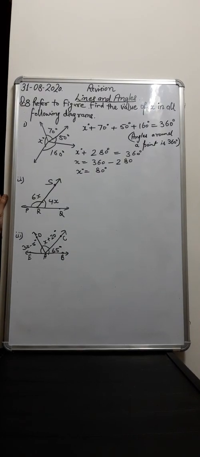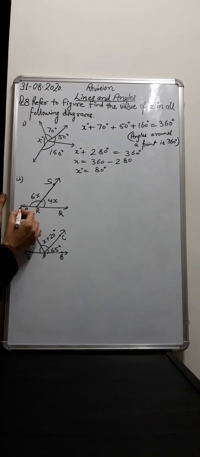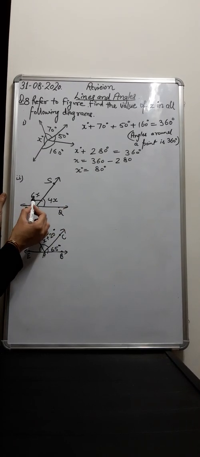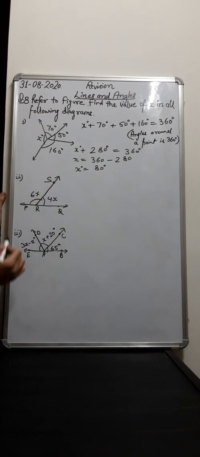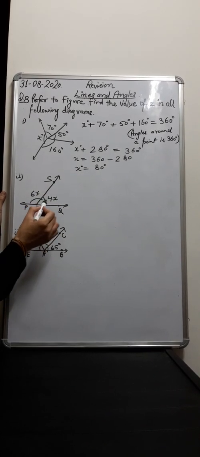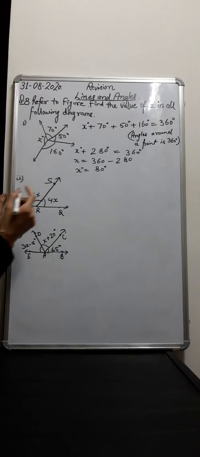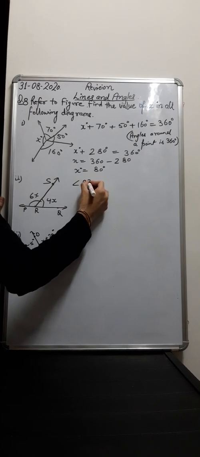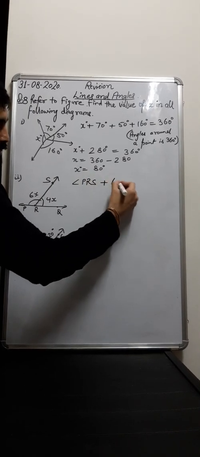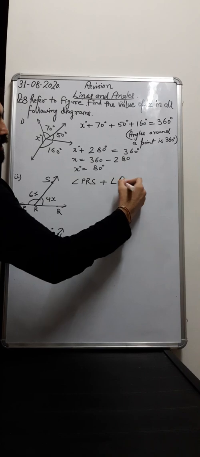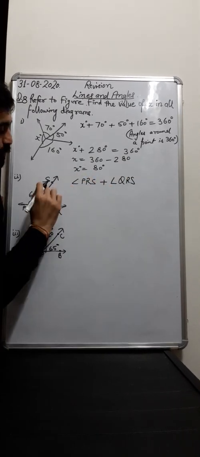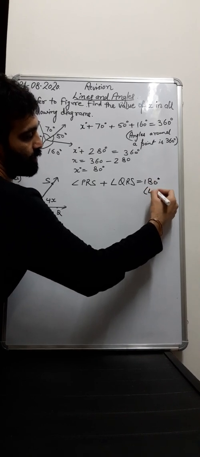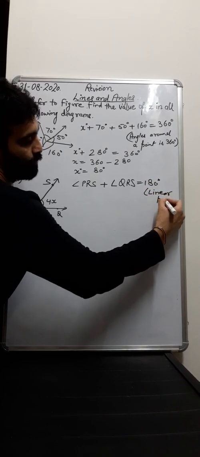Now the second part. On a straight line we can see there are 2 angles forming, the first angle is PRS, and the second angle is QRS. So angle PRS plus angle QRS, the sum of these 2 angles will be equal to 180 degrees. The reason is linear pair.